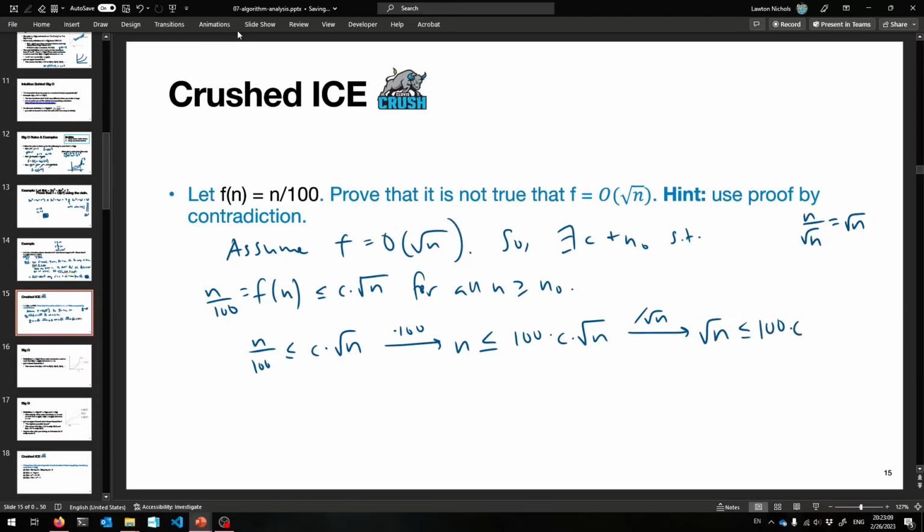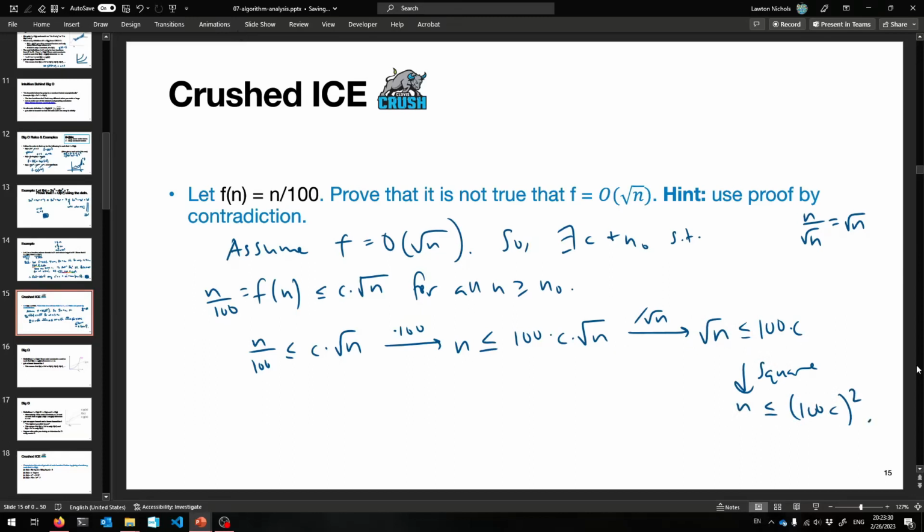Now if we square both sides, square root of n squared is n. This whole thing squared is 100 times c squared, whatever that is, some big number, all right?